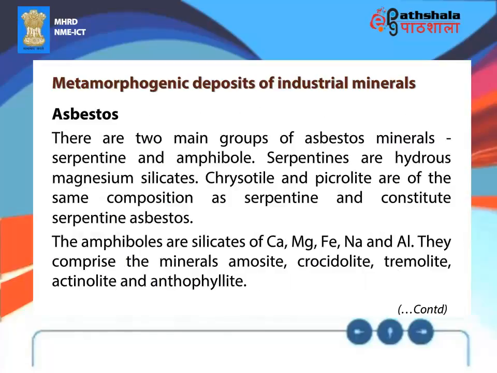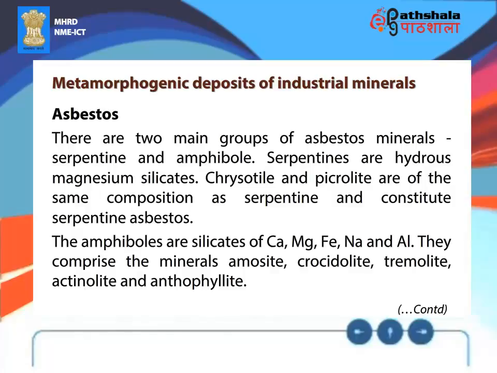Asbestos. There are two main groups of asbestos minerals, serpentine and amphibole. Serpentines are hydrous magnesium silicates. Chrysotile and picrolite are of the same composition as serpentine and constitute serpentine asbestos.